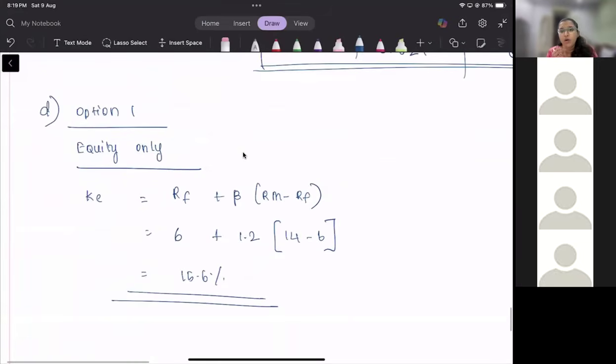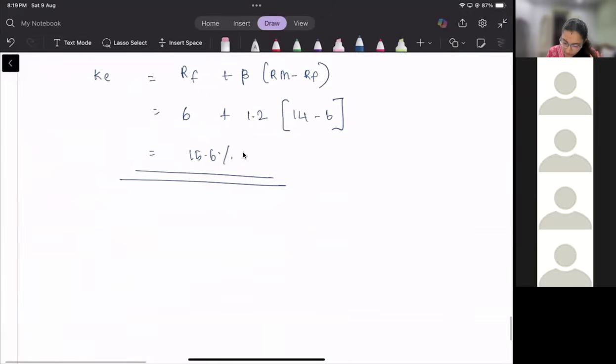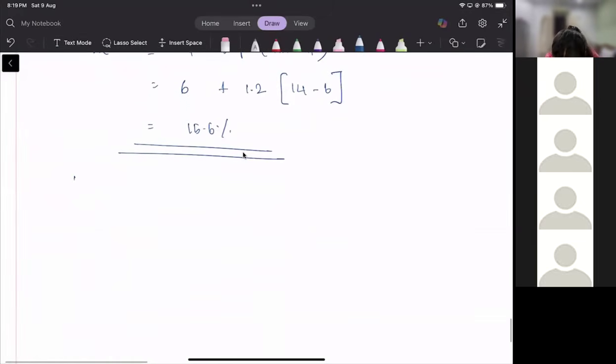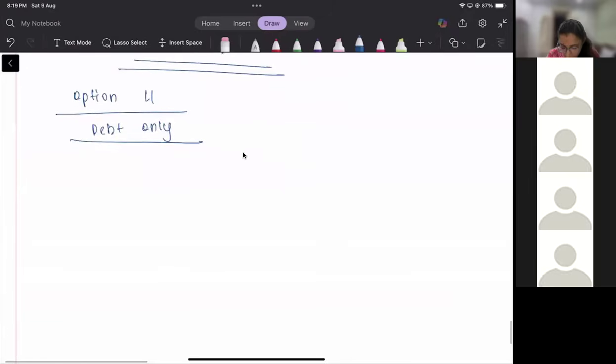So, option 1, what is the WACC? Same as KE, right? Because there is no other option of finance. So, 15.6 will be the WACC under option 1. And what about option number 2? It's debt only. Again, same thing. We have already done in the previous question. What is the formula for KD?